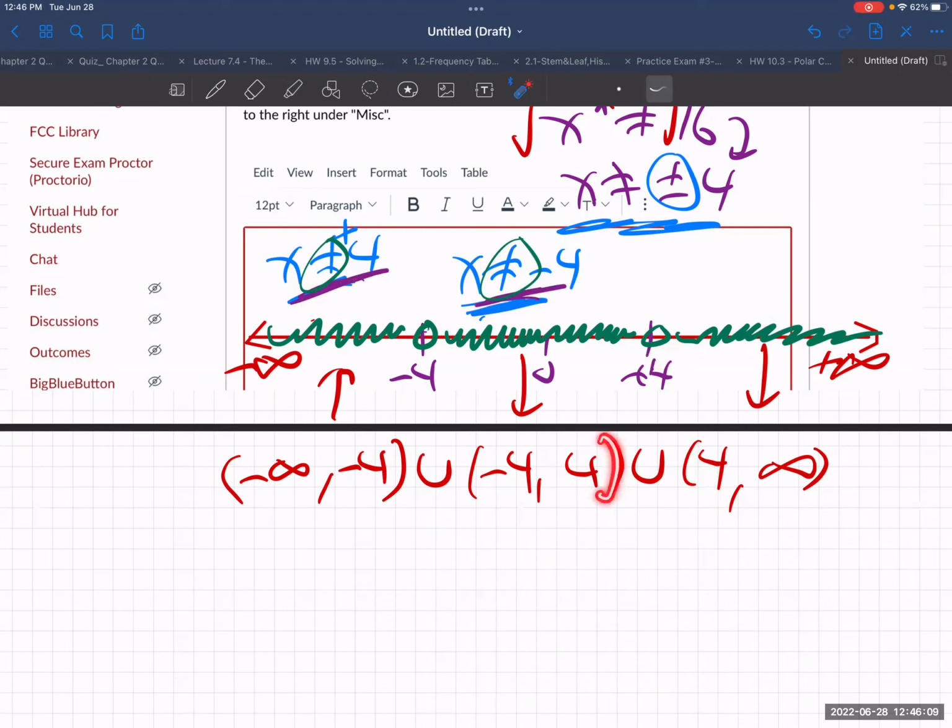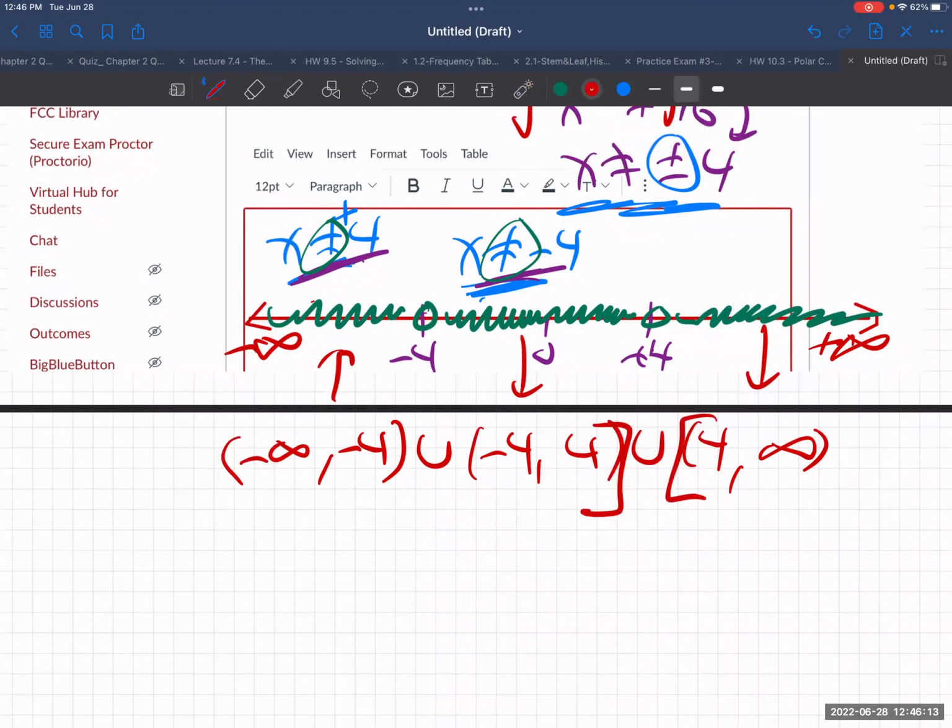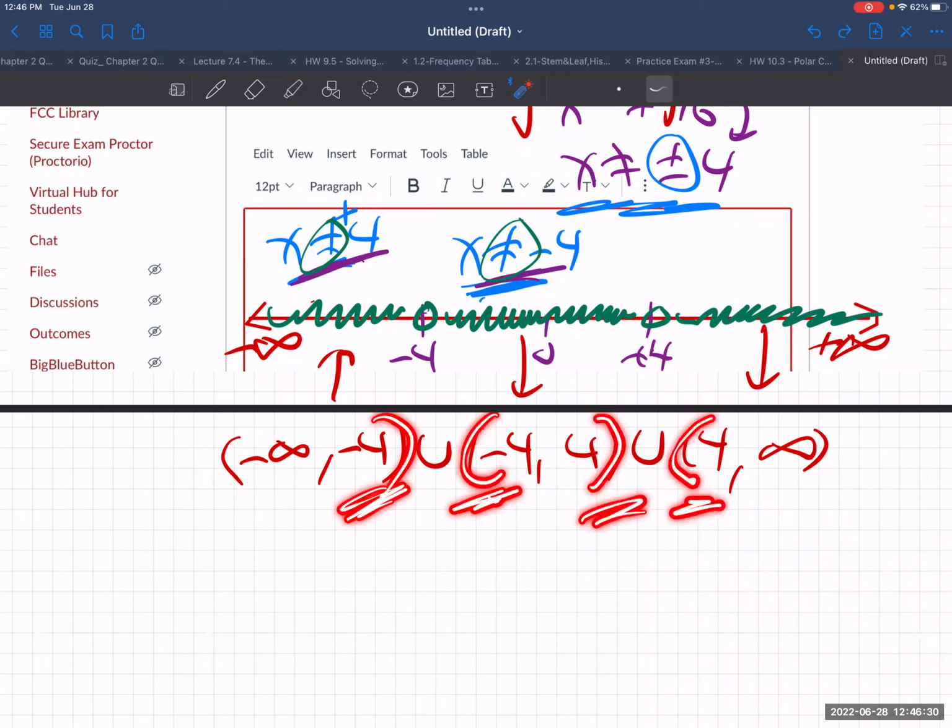So if I put a bracket here, like that or like that, then we would be including the 4 in those two different groups. But we don't want to include the 4. We want to say 4, you're out. You cannot equal 4 and -4. So we want parentheses on the 4s and -4s, because we do not want to include 4 or -4.